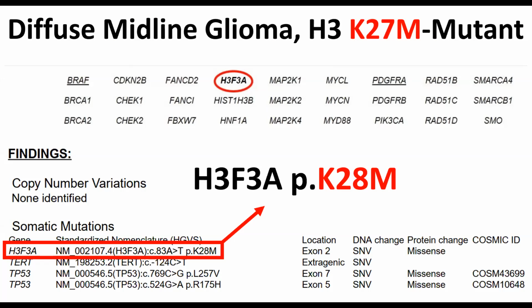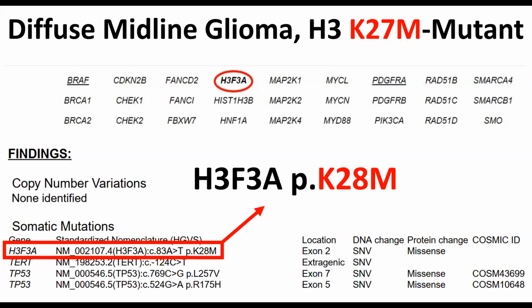K28M, K27M, what is K28M? Does it count the same? Is it non-pathogenic? If it's one residue off, it's not 27, it's 28. What's the explanation? I know many people in the audience know this, but I want everyone to know it.